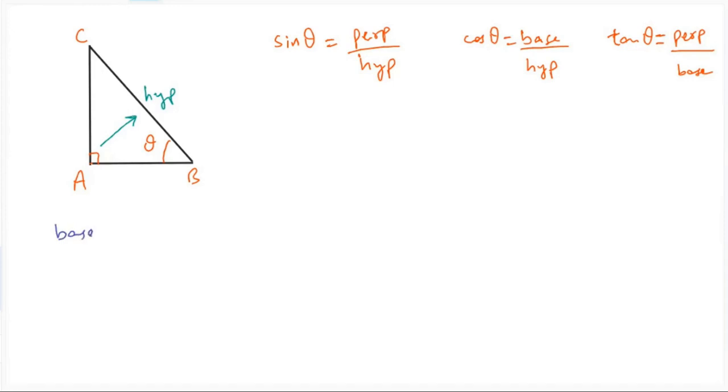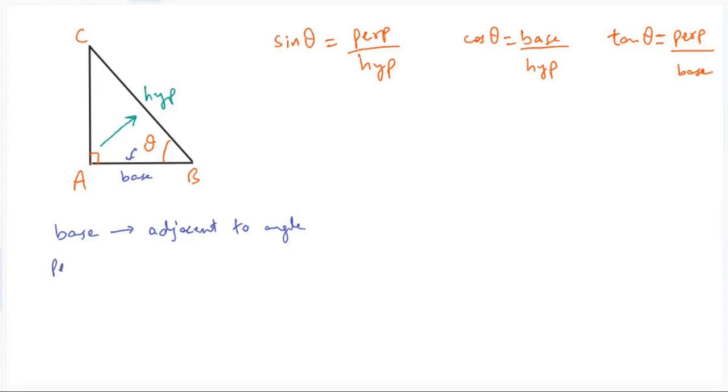Base is the side that is adjacent to the angle. जो एंगल के साथ वाली साइड होती है ना, उसके साथ लगी होती है. ये एंगल देखें, एक तो हाइपोटेन्यूज है ऊपर, वो हमने डिफाइन कर लिया. ठीक है. एंगल के जो साथ वाली साइड है, this is called base. जो एंगल आप कंसीडर कर रहे हो, उस एंगल के साथ वाली जो साइड होगी, that will be called base.